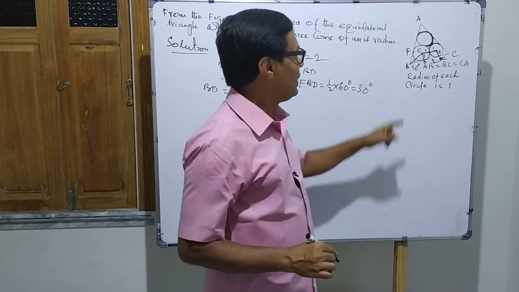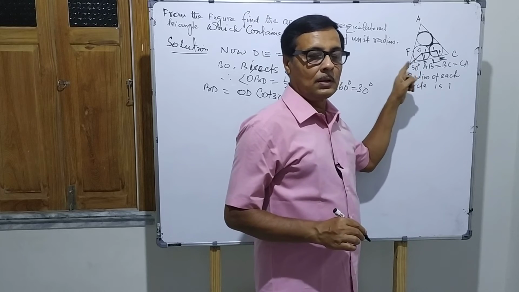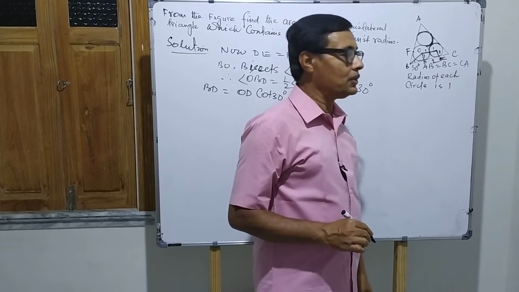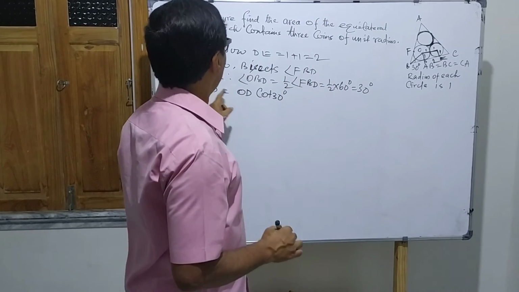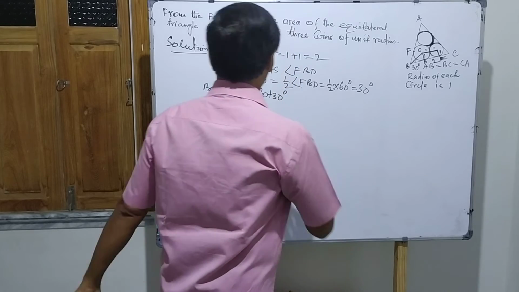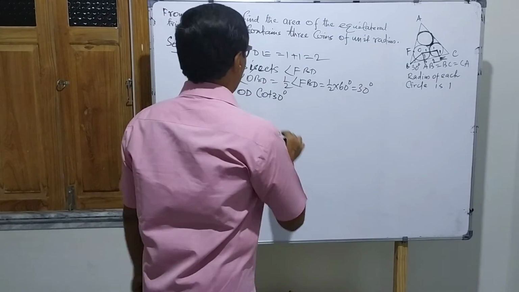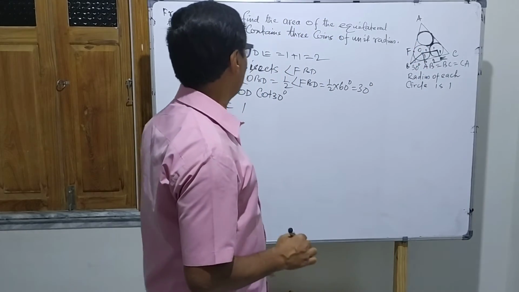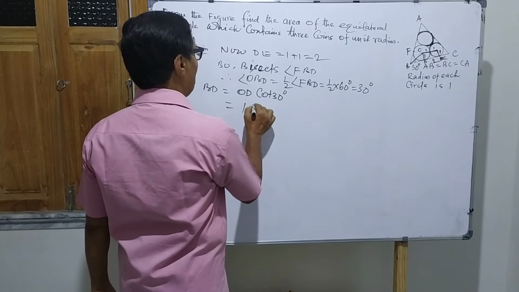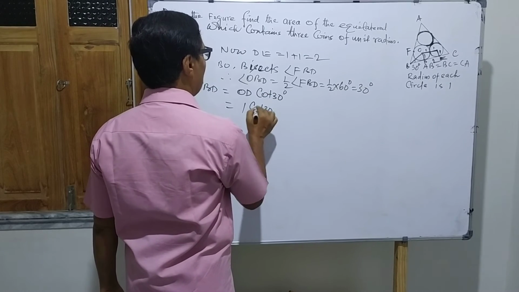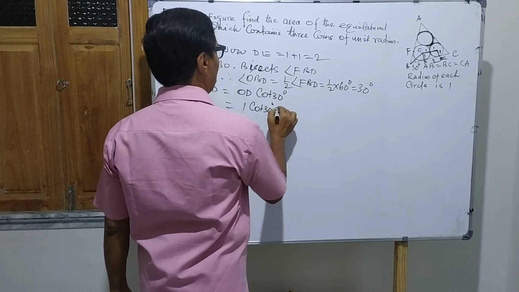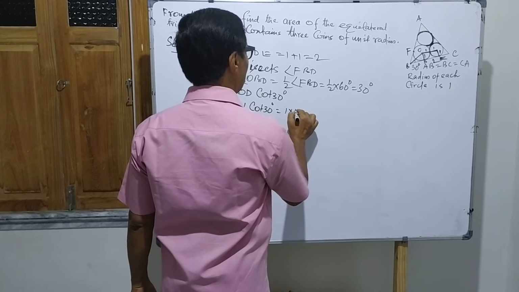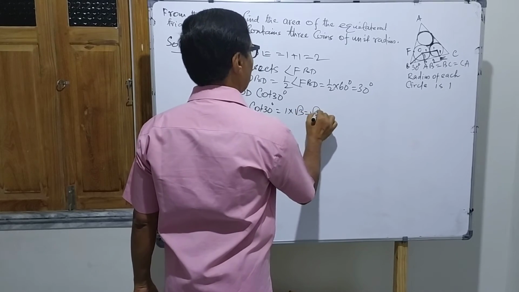So BD equals OD cot 30 degrees, and OD equals 1 because OD is the radius of the circle. So BD is 1 into cot 30 degrees, and the value of cot 30 is root 3. So this is equal to root 3.